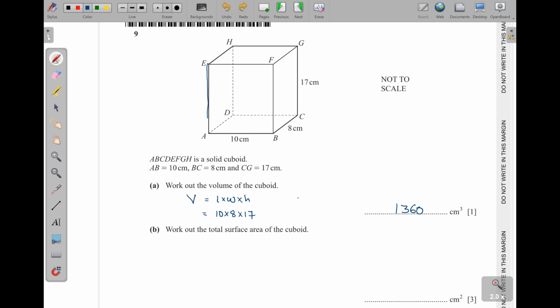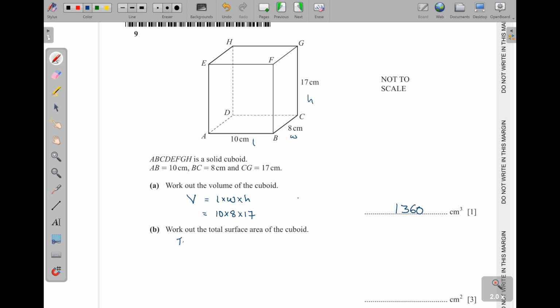Then this one facing us here, ABFE, is equal to HDCG behind. And then we also have this one up here, EHGF, which is also the same as ADCB. So if this is our length, this is width, and this is height.